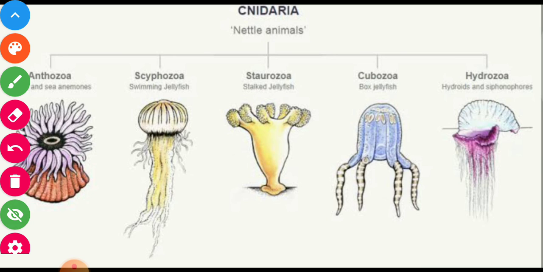Some examples of cnidarians are given. This is sea anemone and this is jellyfish. This is stalked jellyfish. See here, some examples are given.